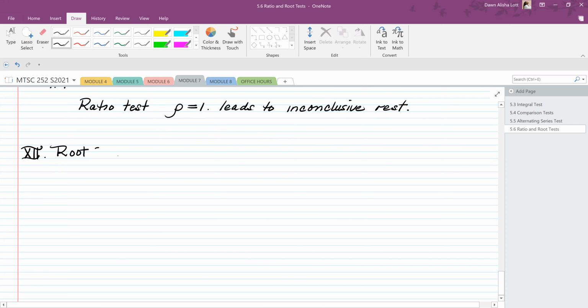I love the ratio and the root test, but the root test, man, this test is quick and dirty. It does its job. It swoops in, does its job, and leaves. Okay, so again, let summation n equals 1 to infinity of a_n be a series.